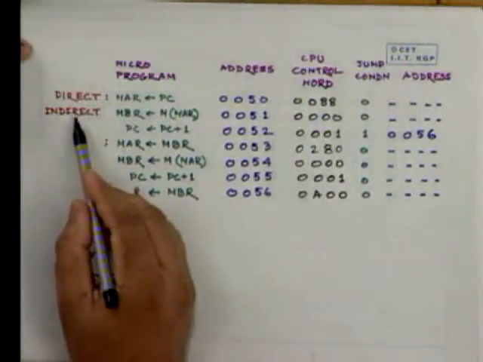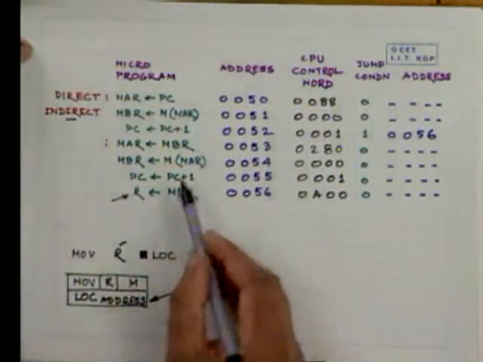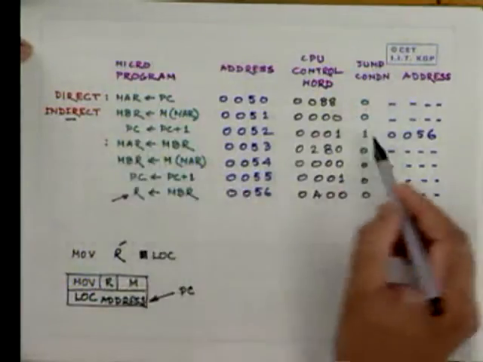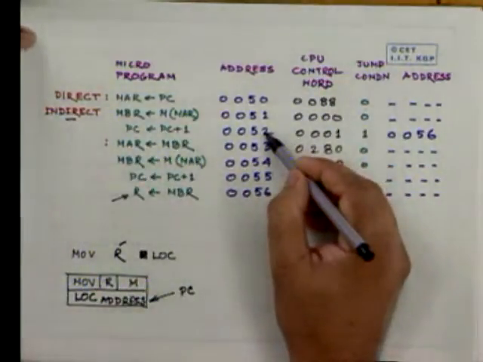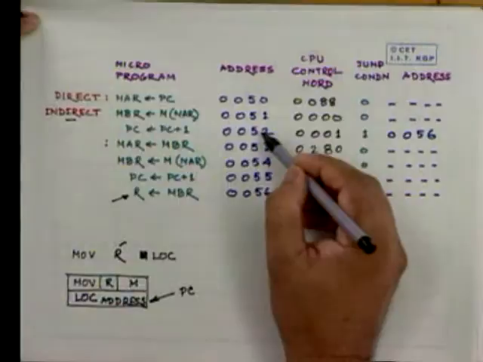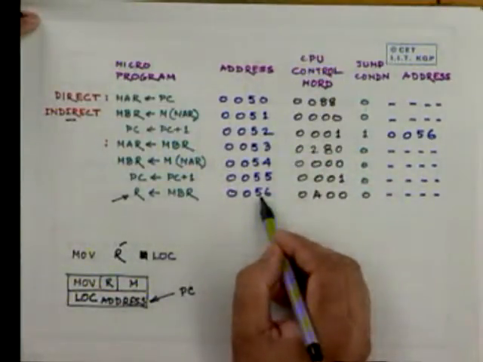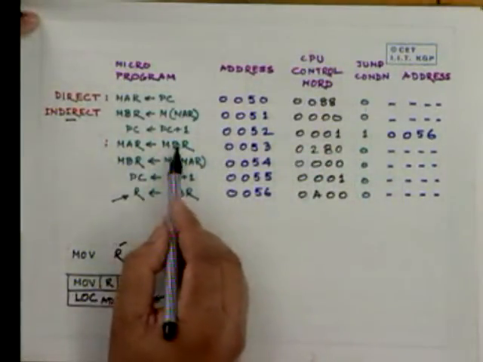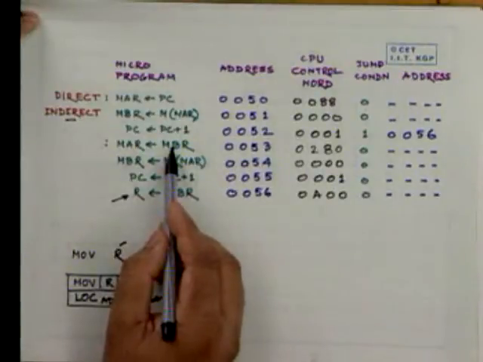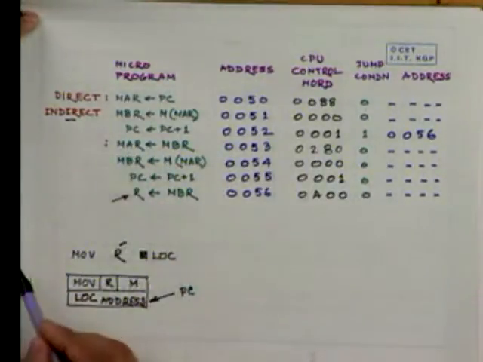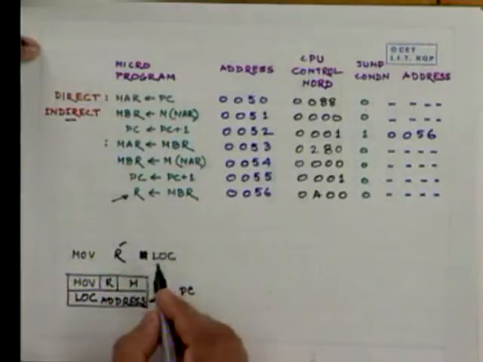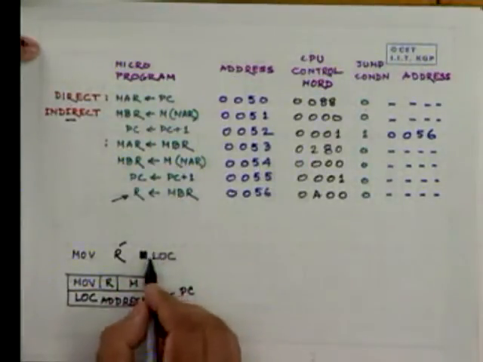But if it is indirect addressing, then instead of jumping from control memory location 52 to control memory location 56, the content of the memory buffer register should go to the memory address register once more. In that case, what we have is basically indirect addressing.